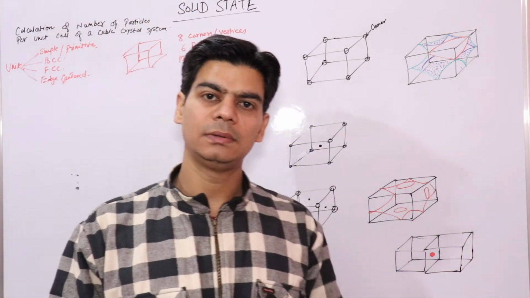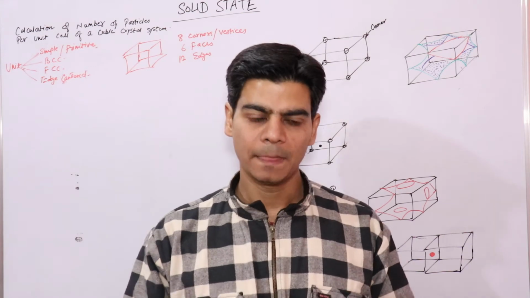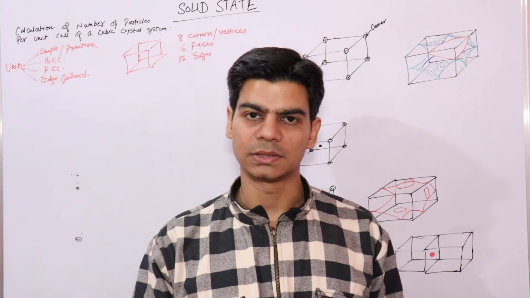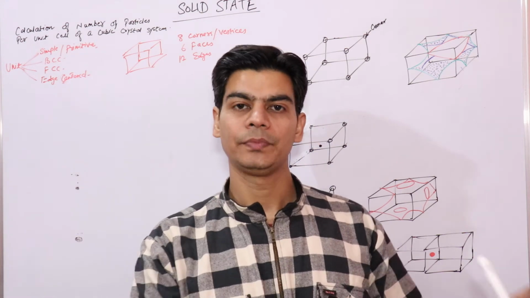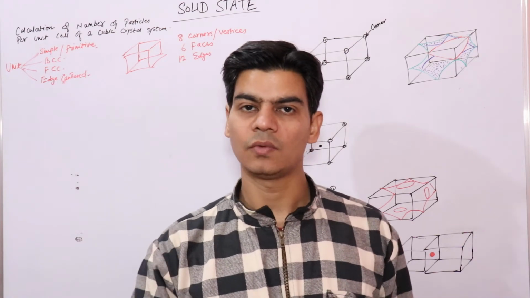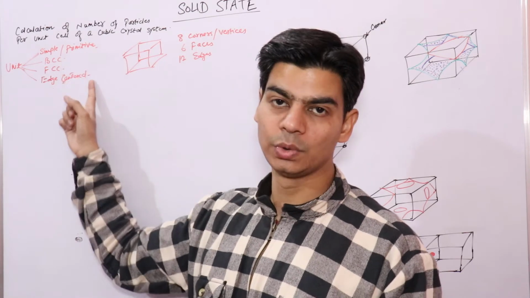Now just recall a little understanding of a unit cell. We know that a unit cell is the smallest part of the crystal lattice that tells us how particles are arranged in a crystal lattice, once we know what type of unit cell we have.